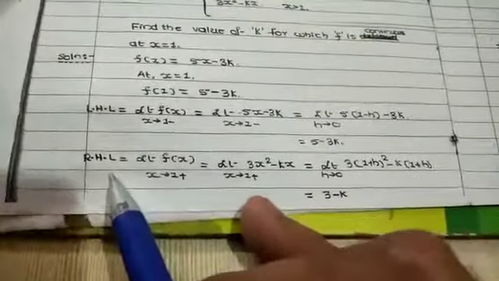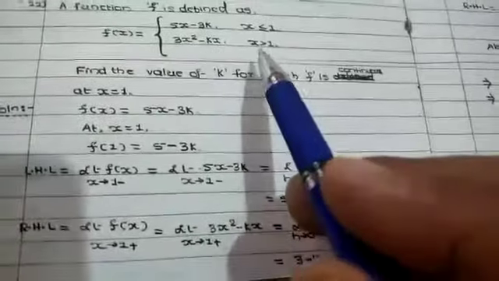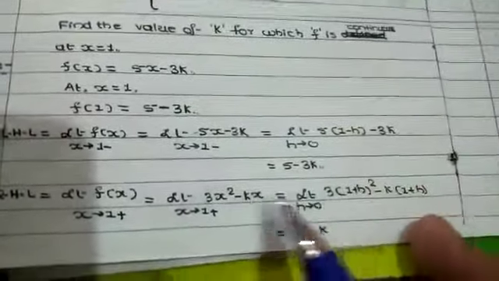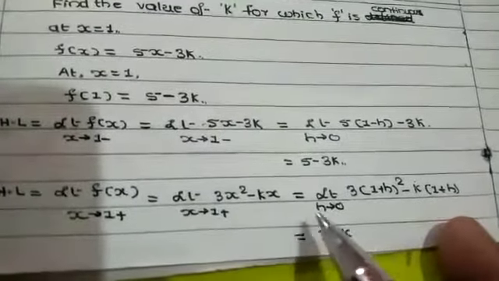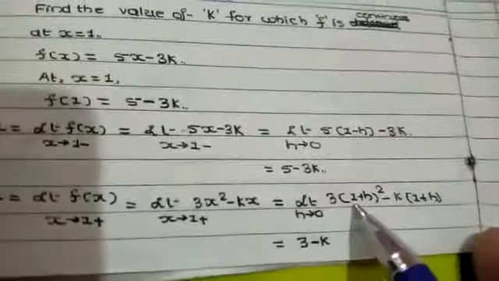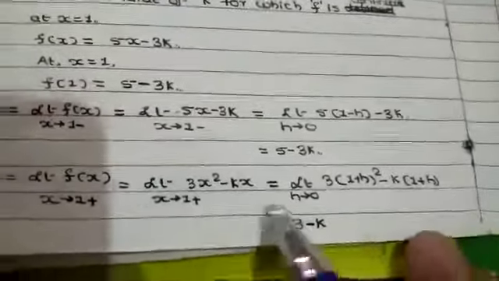So RHL, limit of f of x as x tends to 1 plus, means for x greater than 1, the function is 3x square minus k into x. As h tends to 0, x tends to 1 plus h, so we get 3 into (1 plus h) whole square minus k into (1 plus h).